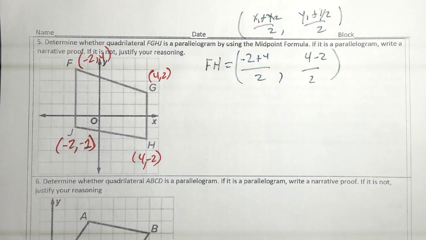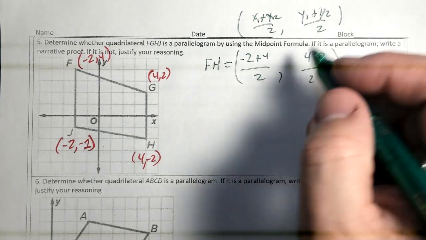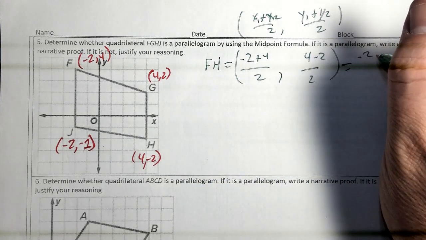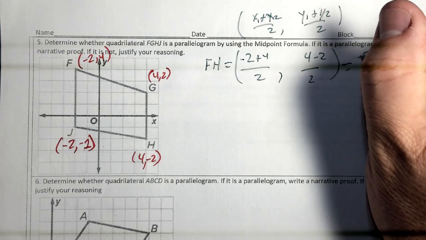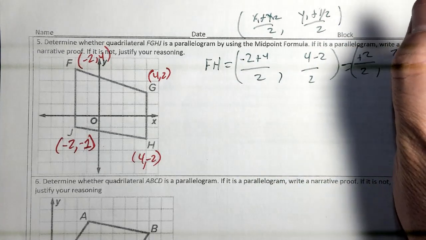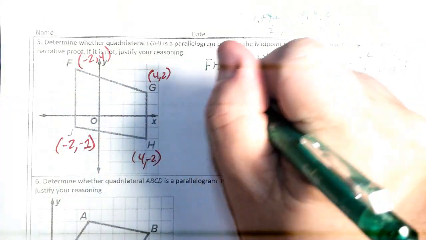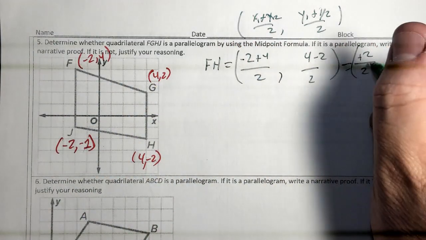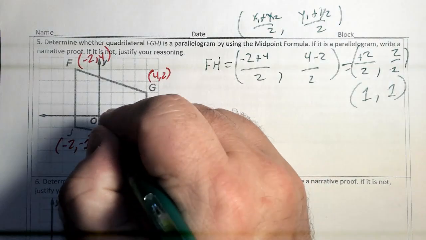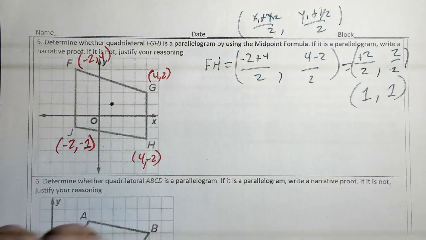So negative 2 plus 4 is positive 2 over 2, and 4 minus 2 is 2 over 2. So 2 over 2 is 1, 2 over 2 is 1. The midpoint for this is 1, 1.